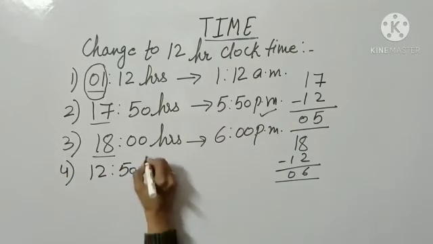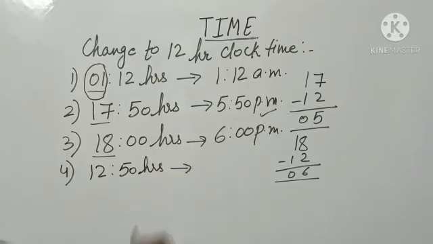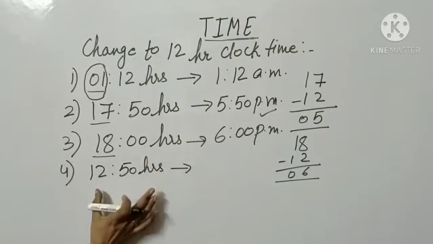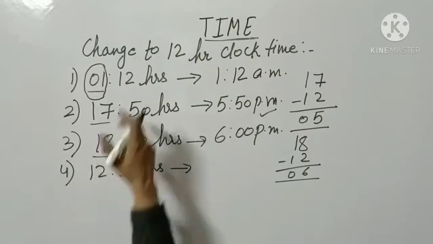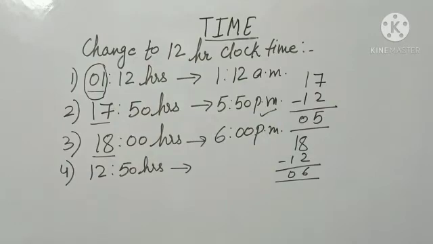One more question. 1250 hours. Now see beta. This time is written in 24-hour clock time, and we have to write the same time in 12-hour clock time. Do you remember when I explained both the clocks? At that time I showed you 12 midnight as well as 12 noon. When the time is 12 noon, in 24-hour clock time also it is 12.